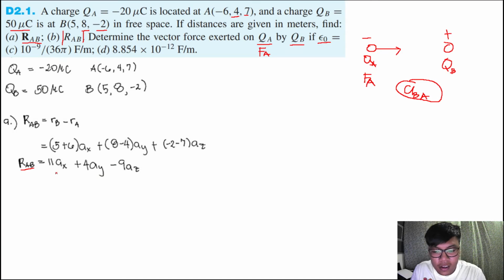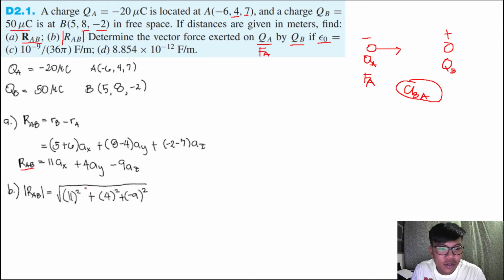Okay? So, let's have now the magnitude of RAB. So, item B natin, the magnitude of RAB, that is equal to the square root of 11 squared plus 4 squared plus negative 9 squared. Okay, so pag pinindot natin sa calc yan, ang lalabas is square root of 218 meters or decimal form niya is 14.76 meters.